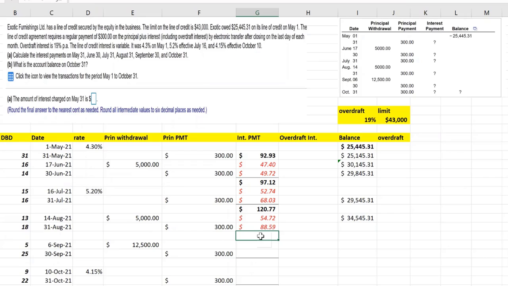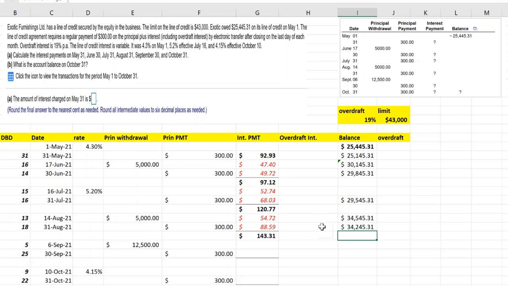So let's calculate the interest that is accrued. All right, the addition of those two, $143.31. So on August 31st, at the end of the business day after closing, you pay the $300 and you pay any interest that is built up. So at this point in time, the balance decreases by $300. We have that.